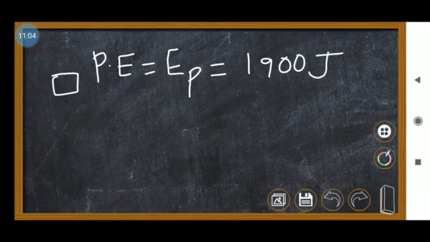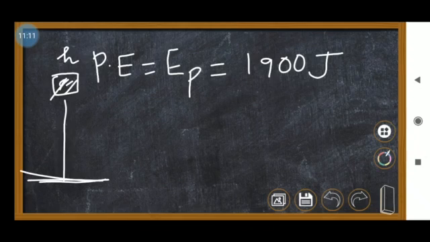Suppose now the object is up here, after being raised to that height, and below is the ground level. When it is released and the object is coming down, at the halfway point, that means half of the distance, what will happen to the potential energy and what will happen to the kinetic energy? You always know that the total energy is constant.